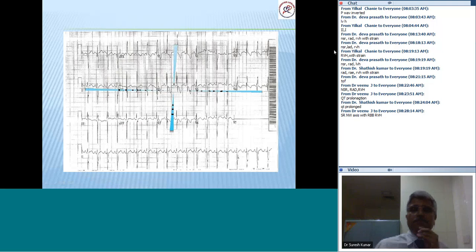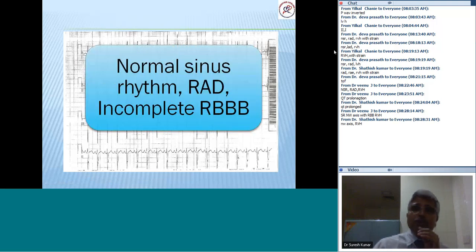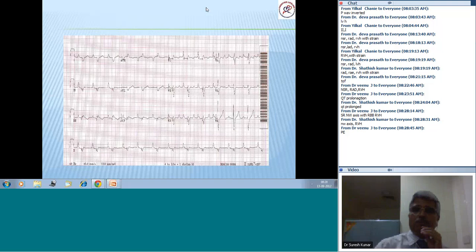All that is showed was a sinus rhythm with right axis deviation and incomplete right bundle branch block. And what would be the diagnosis? Yes, good Satish. Tell me the diagnosis also. Did you mean pulmonary embolism, Vinu?